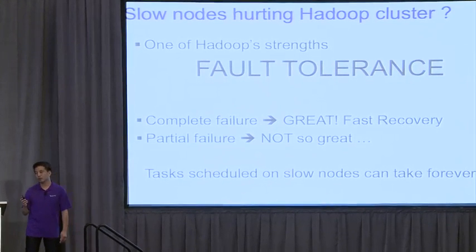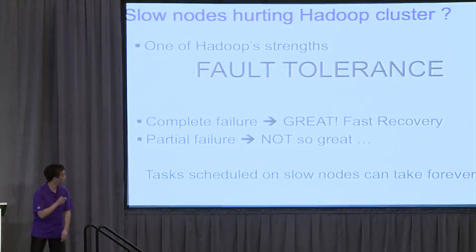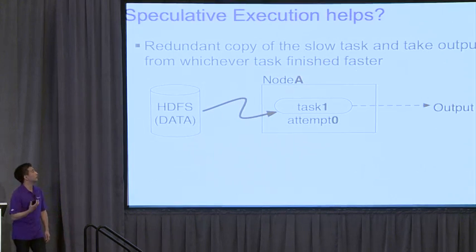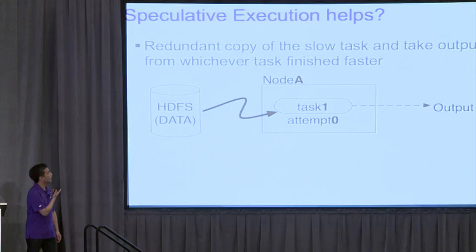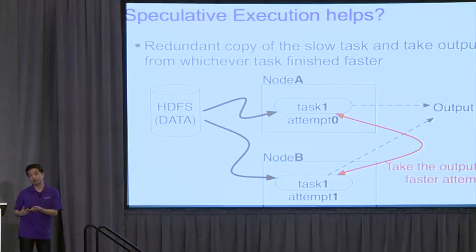And you probably also know that there's a feature called speculative execution. When the resource manager or the job tracker, basically the central server, says, if the task scheduled on this node A seems slow, then it creates a complete copy, same executable with same input and expecting exact same output, and then lets it compete.